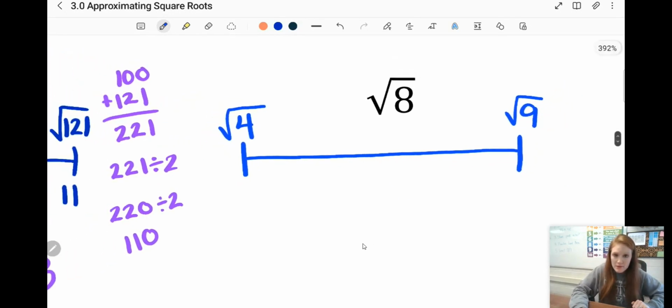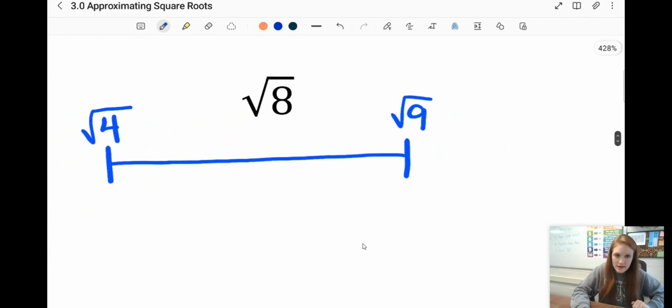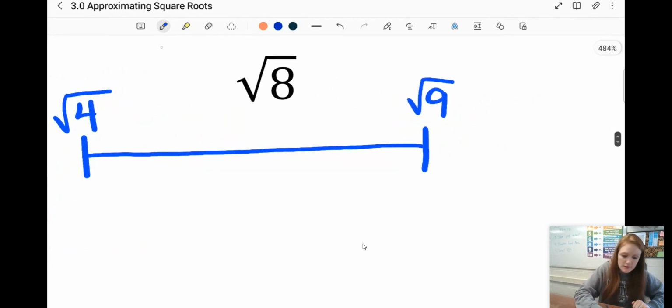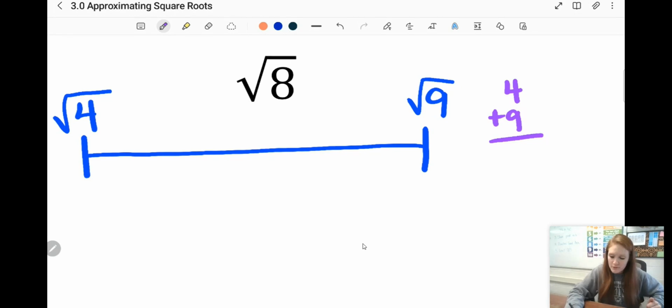Now some of you might be able to already say, oh, I think I know where this dot might be. And that's awesome. Let's just talk about what that halfway point is, because that may help us to better decide. So this time we've got 4 plus 9. 4 plus 9 is 13. So instead of doing 13 divided by 2, I'm going to do 12 divided by 2.